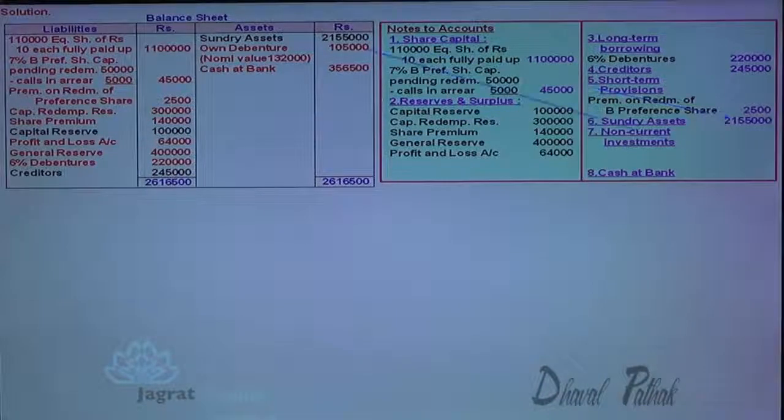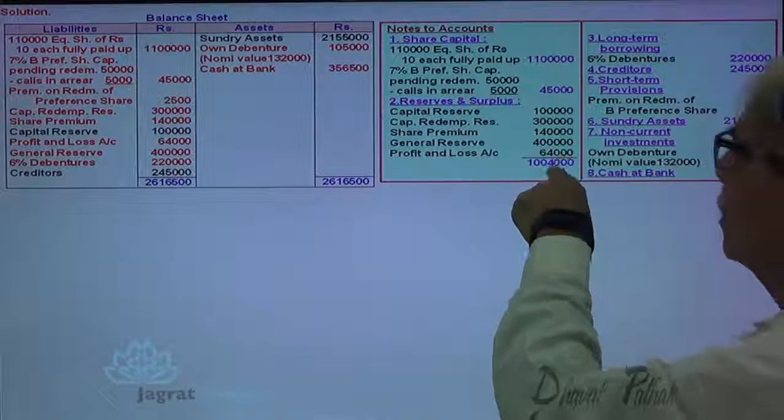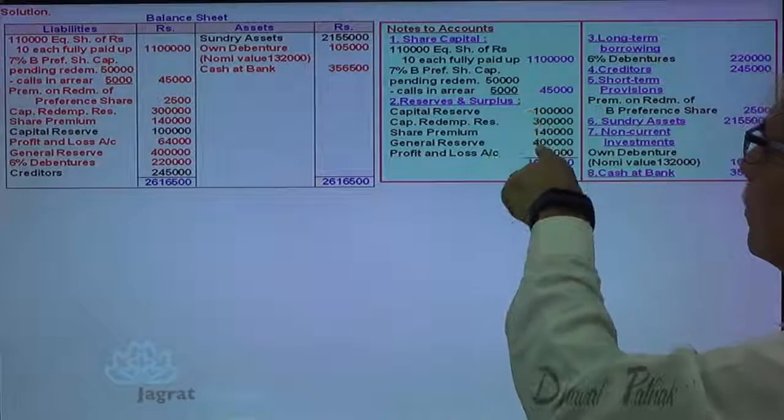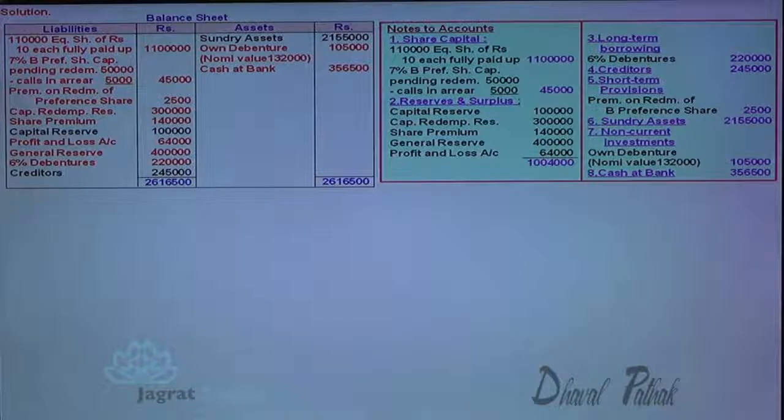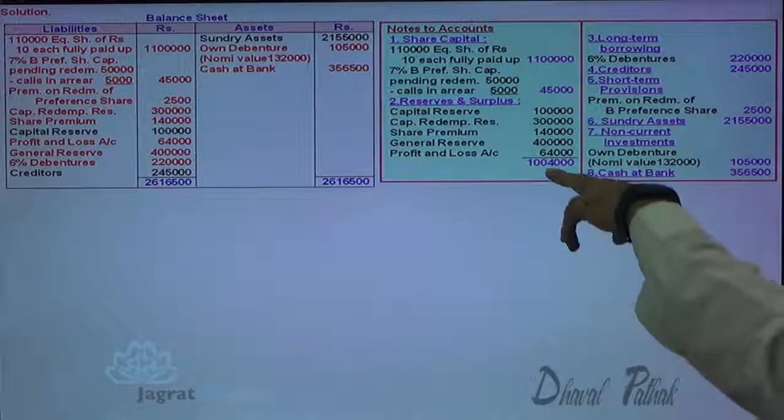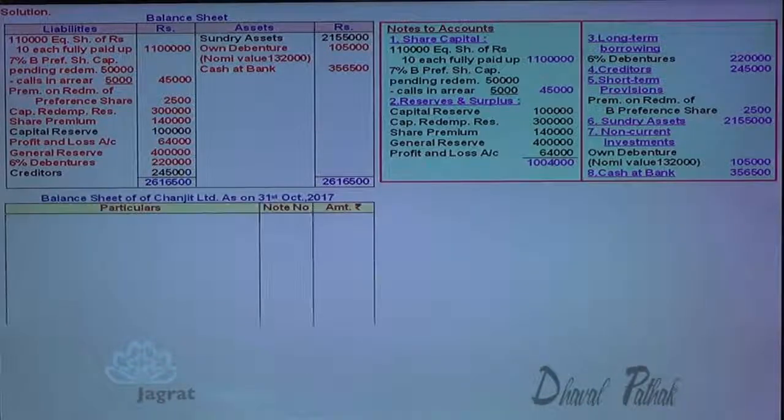Fixed assets, non-current investment in own debentures 1,05,000, cash and bank balance. So this total is how much? 10,04,000. 100,04,000.